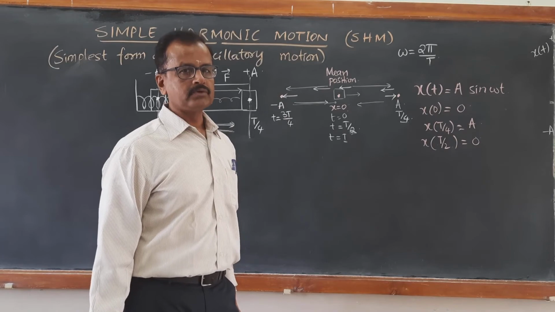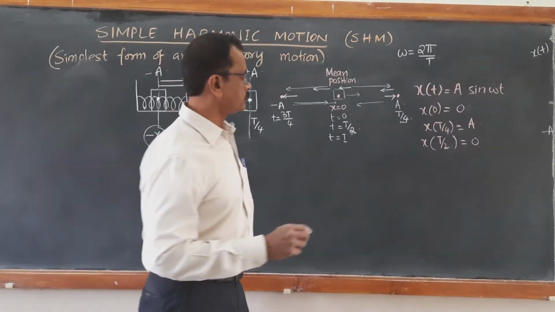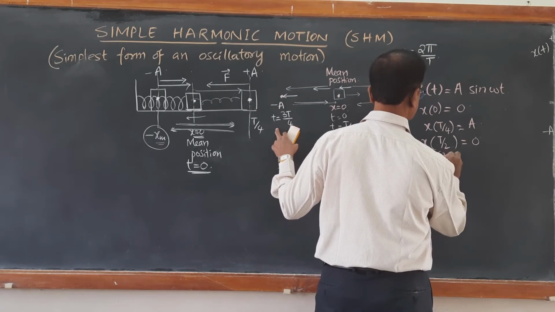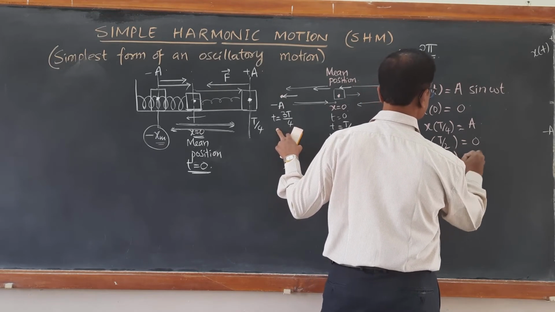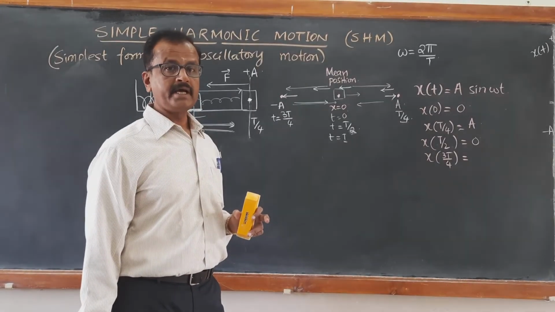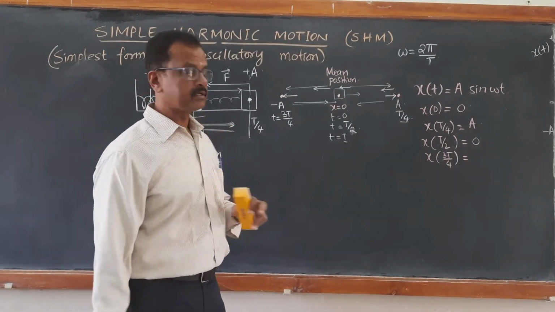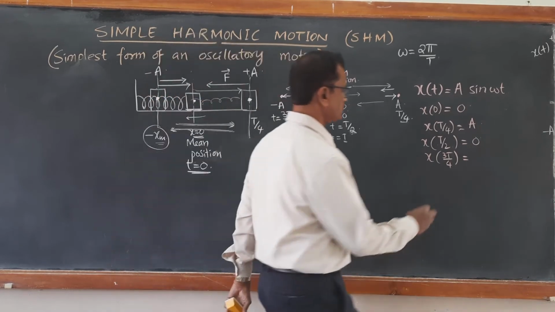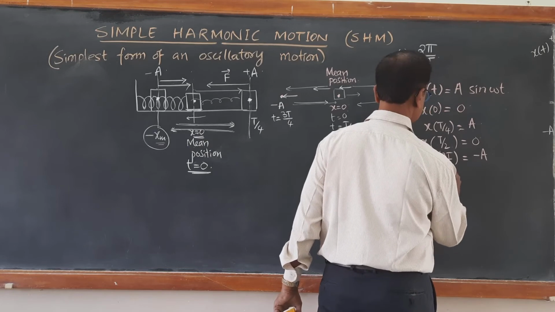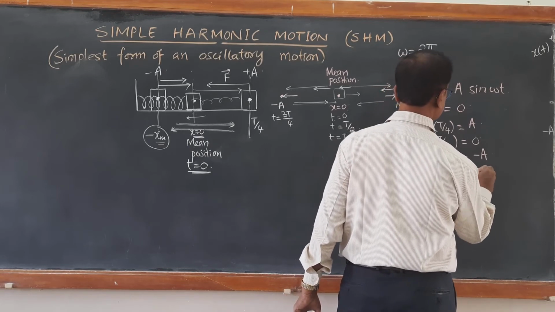Sin 0 is 0, or sin 180 is 0. Again at 3T/4, sin 270 is minus 1. Minus 1 into a becomes minus a. So we get minus a. And at T, again you get 0.